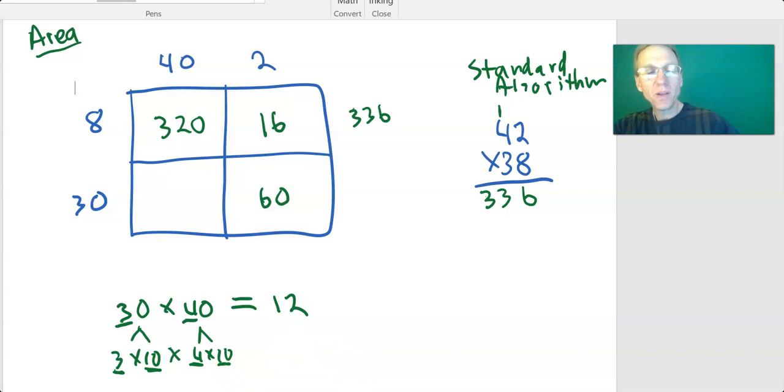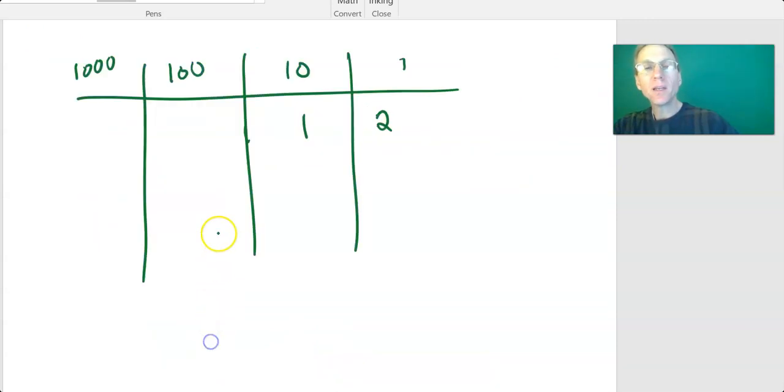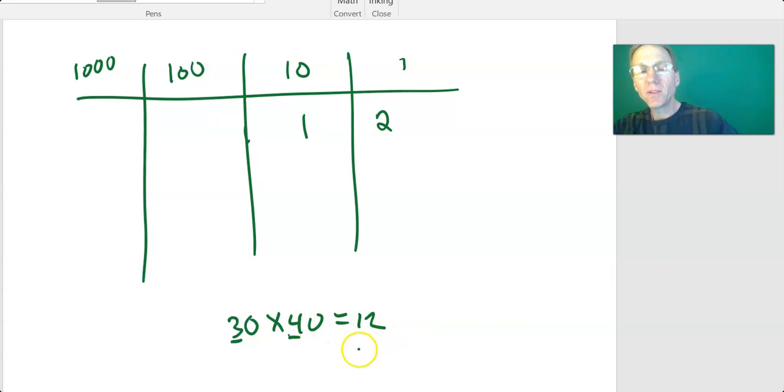So let's go to our place value chart. So I've got 30 times 40. I've got 3 times 4, which is 12. And then these two zeros tell me that I have 10 times 10 in this number. So really what I have is 12 times 100. Right? 12 times 100.